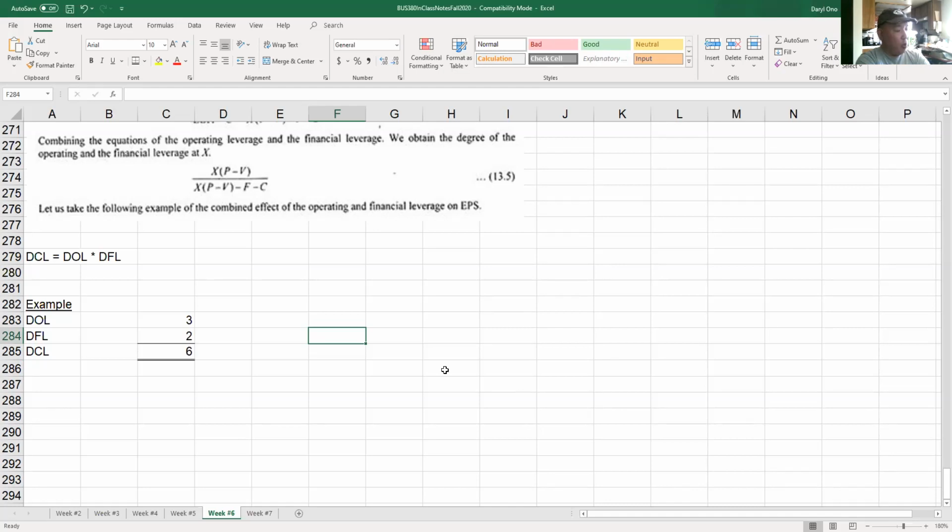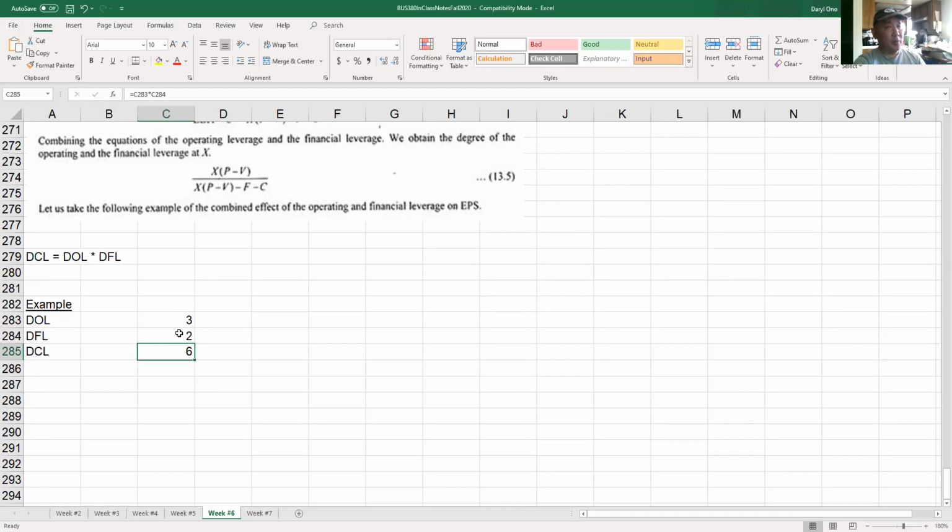However, it works the other way, and this is the dangerous part. This is where the risk comes into play. Based off this 6, if sales go down by 10%, earnings per share are going to go down by 60%. That's a big decrease. Why do you have such a big decrease? Because you have a lot of fixed operating costs and you borrowed a lot of money.